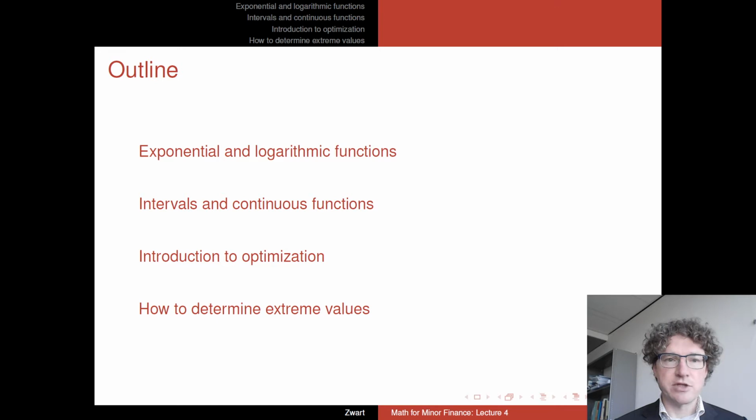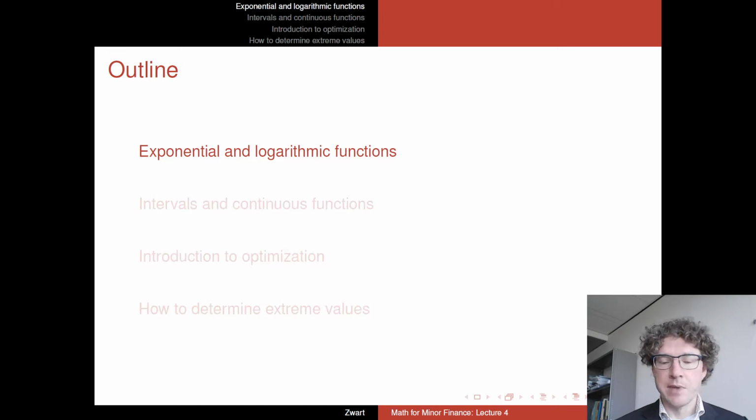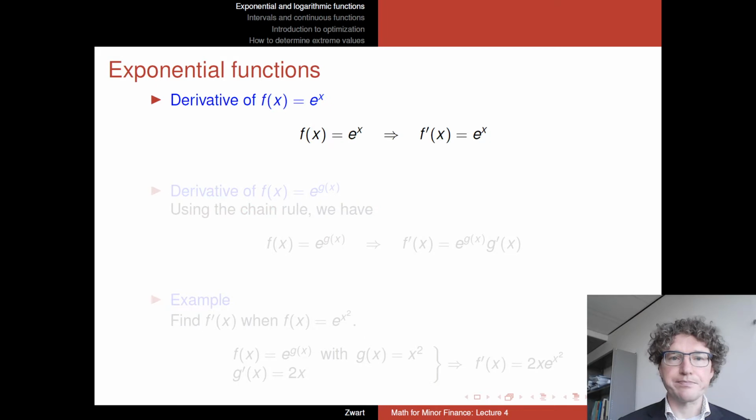But in this first part, let's first go to the derivatives of these two kinds of functions, the exponential and the logarithmic functions. So remember, the exponential function is e to the power x, sometimes written as exp of x.